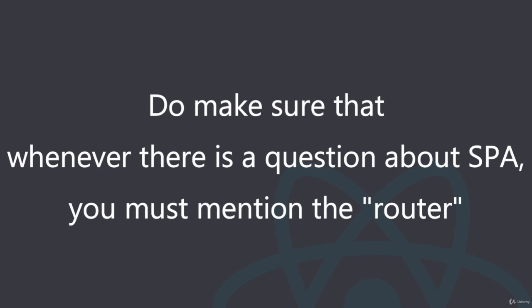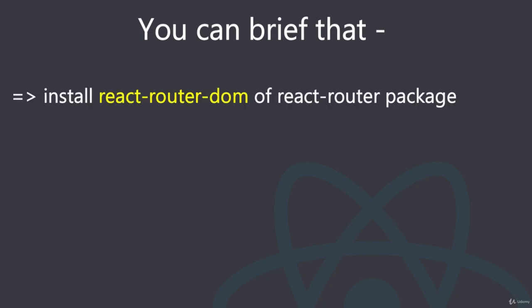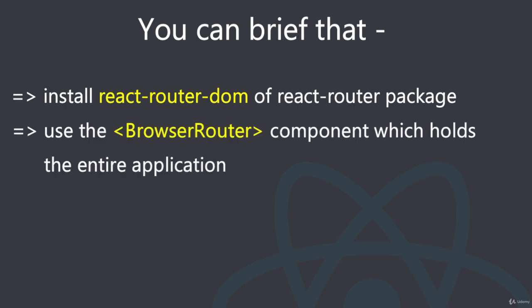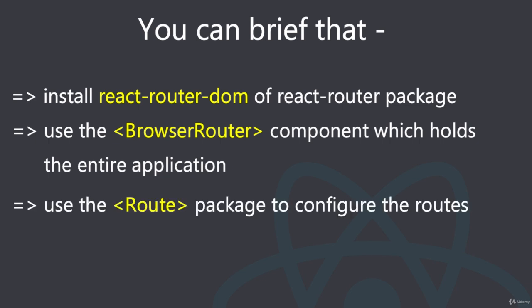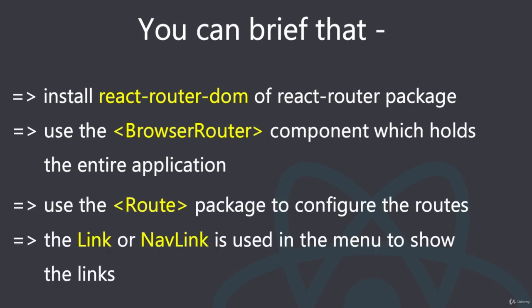You can brief that, like for React router, you can say that you install React Router DOM of React Router package. You use the browser router component which holds the entire application, and use the route component to configure the routes. The link or nav link is used in the menu to show the links.